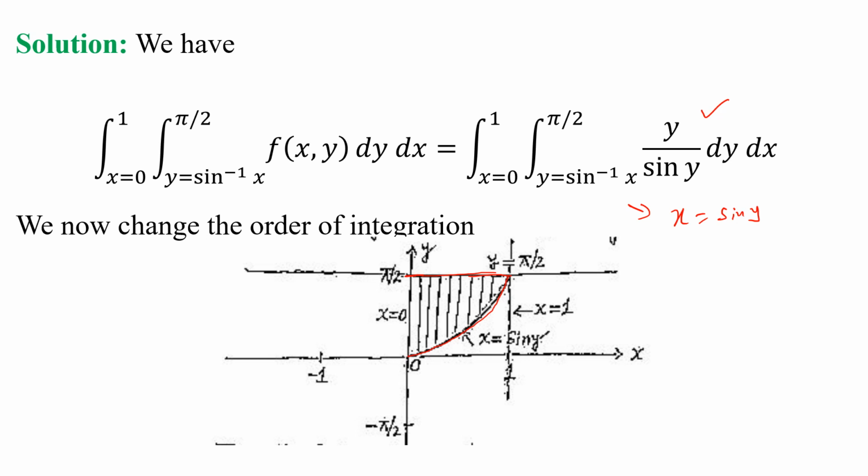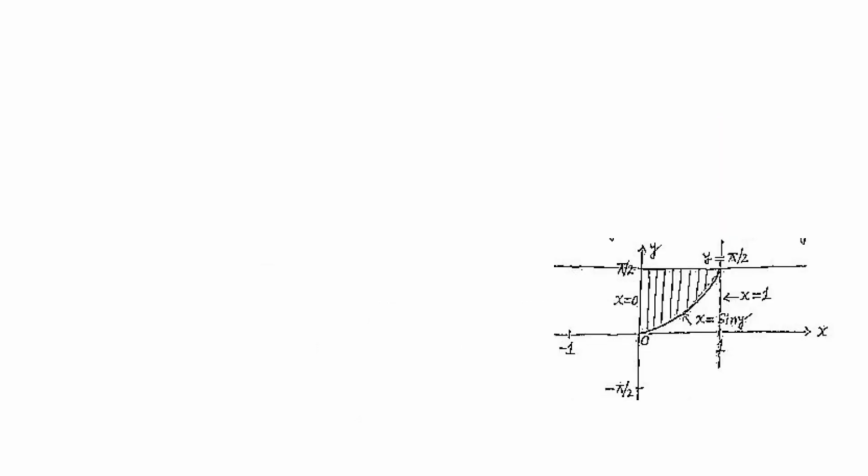x equals 0 is the y-axis, and x equals 1, so this point is the point of intersection. Under this area we have to evaluate this integral using double integration. By change of the order of integration, we keep this figure here.